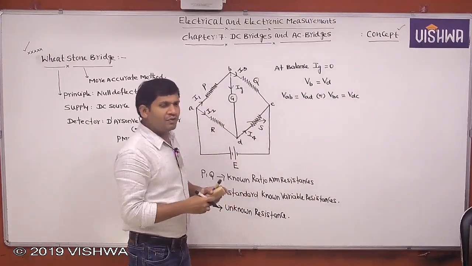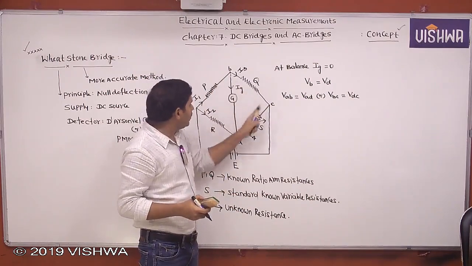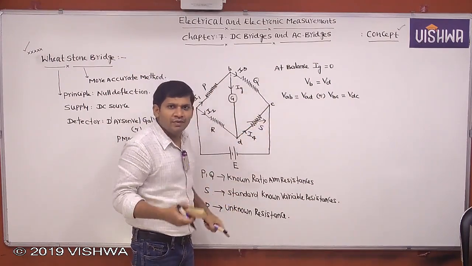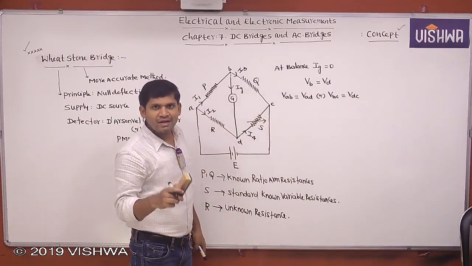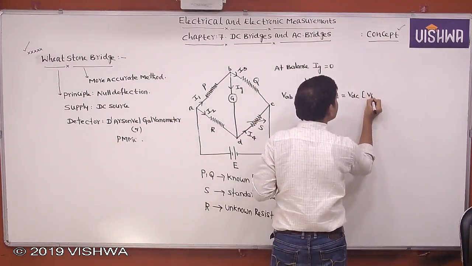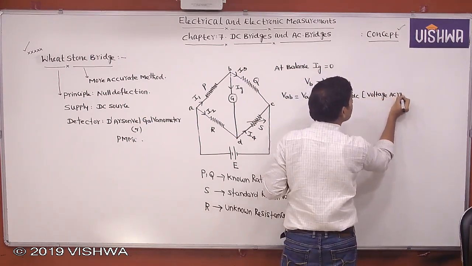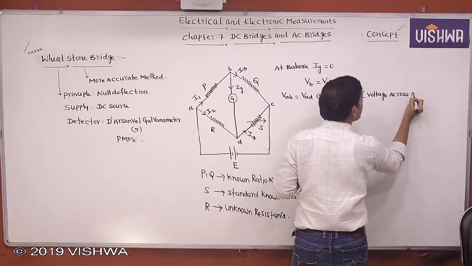Then what is the meaning of this? Voltage across adjacent arms are equal. This is one condition at balance.